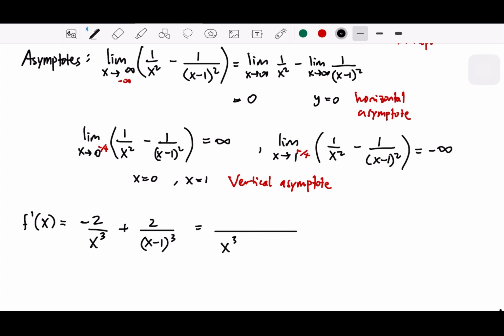So x cubed, so -2(x minus 1) cubed plus 2x cubed. So we can check that this is going to be -2x cubed, -3x squared plus 3x minus 1.